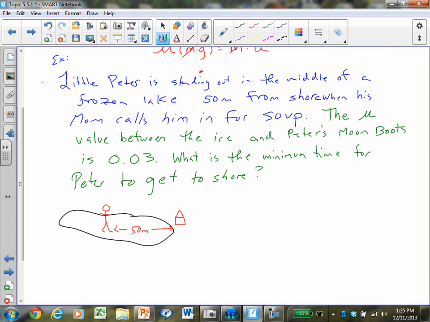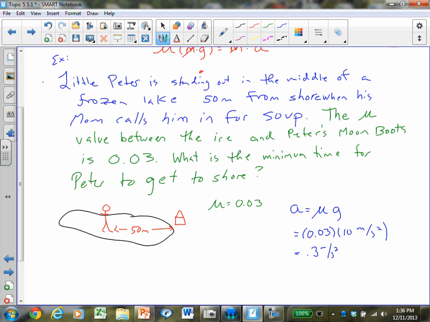The mu value between Peter's moon boots and the ice is 0.3. What is the minimum time for Peter to get to shore? Well, we can get the acceleration first, because that will be mu times g, or 0.3 times 10 meters per second squared, or 3 meters per second squared.